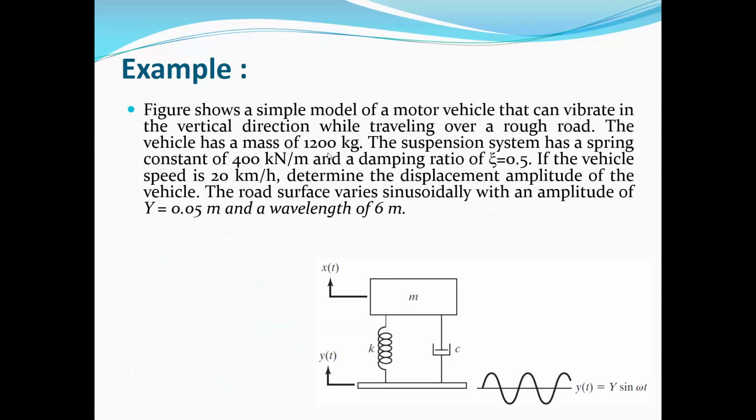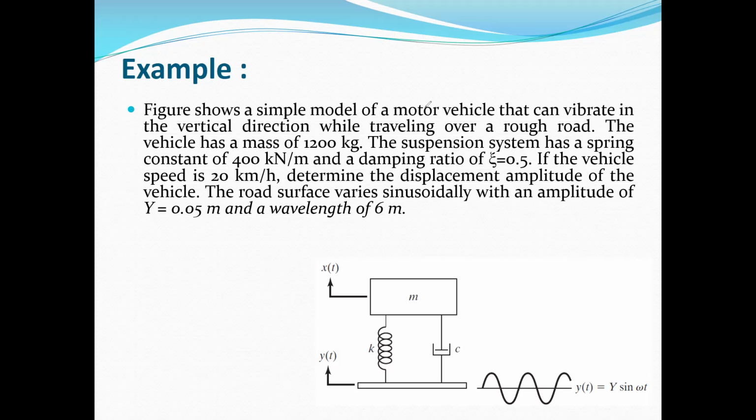The suspension system has a spring constant of 400 kilonewton per meter, so the stiffness is 400 kilonewton per meter, and the damping ratio psi is equal to 0.5. If the vehicle speed is 20 kilometers per hour, determine the displacement amplitude of the vehicle.